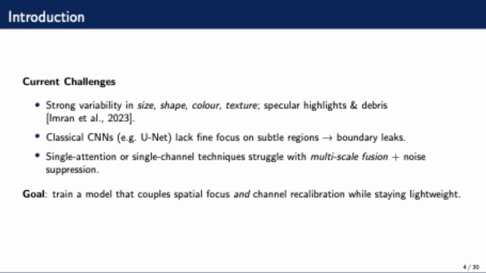There are also some current challenges: different polyps have different colors and textures, there is no general size of polyp, and classic convolutional neural networks lack focus on regions, and sometimes it's hard to target the boundaries.